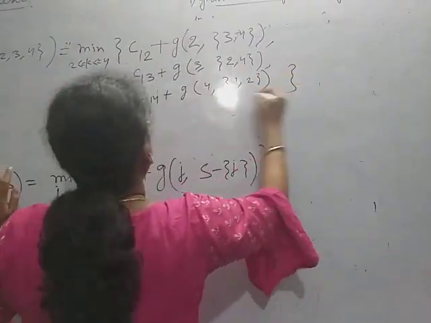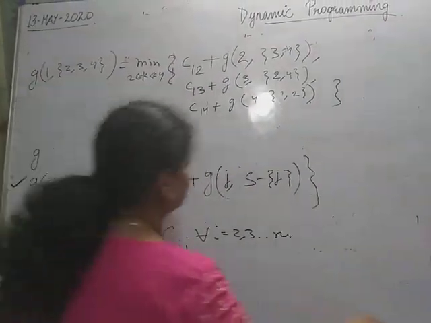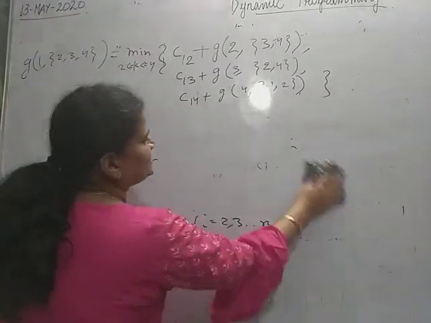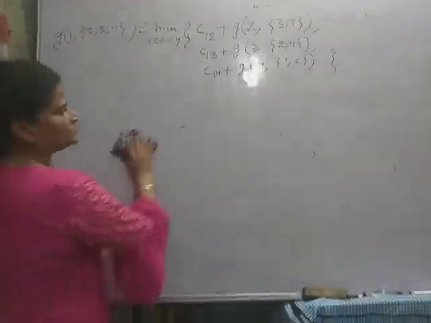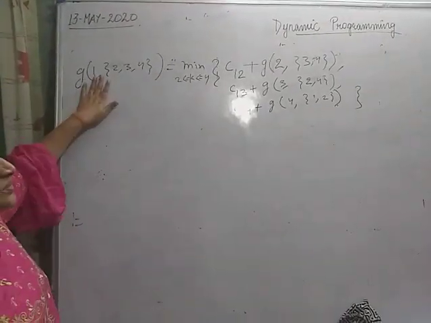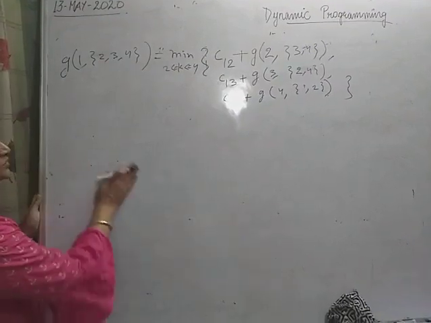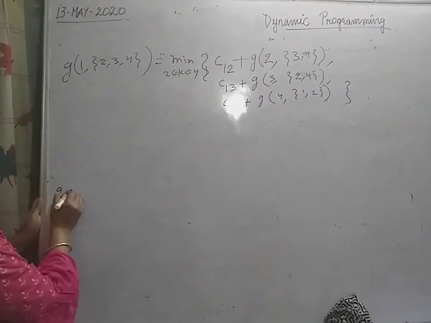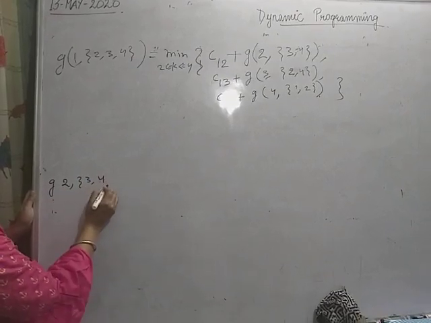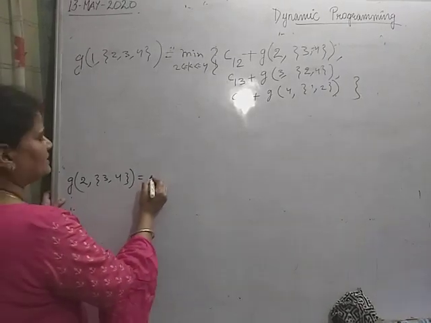Now this G(1, {2,3,4}) gives you the optimal value of the tour. To compute this, first we have to compute G(2, {3,4}).